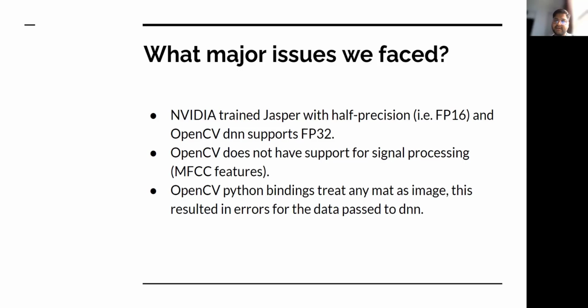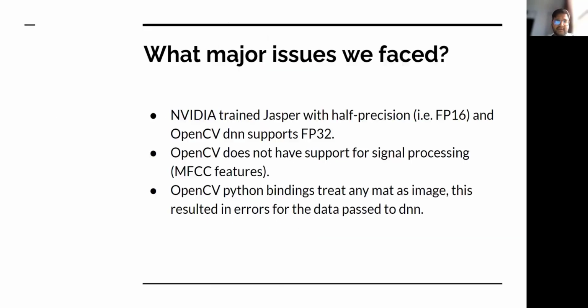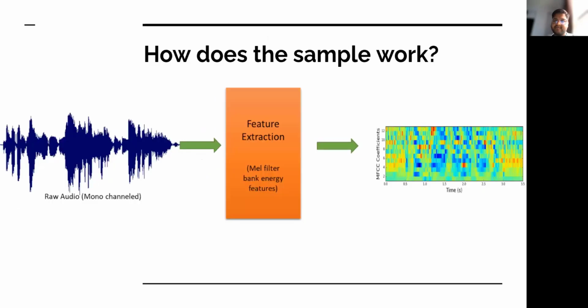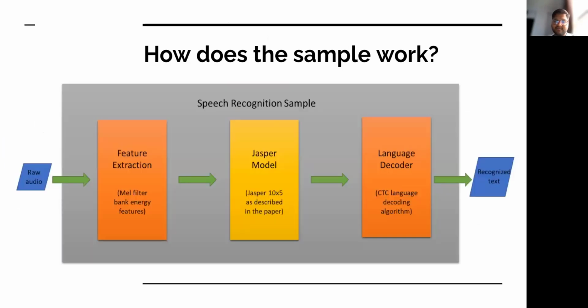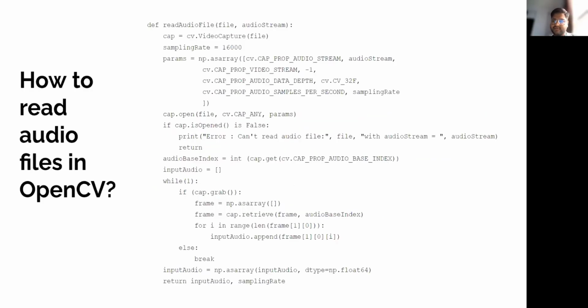So we did that, and after resolving all those issues, our model was good to go. That is how I developed the sample. So this is the working of the sample, and these are the issues I faced.